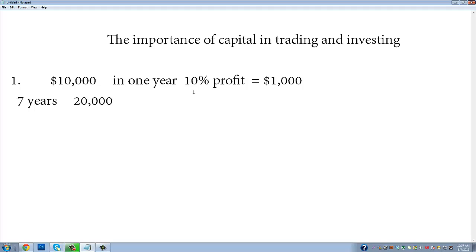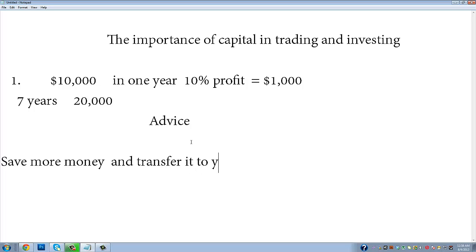If you are a good trader, you can have 50% or 60 or 70 or 100, 200, depending on which stock and which industry you are in. So the best thing that you can do with your account, this is my advice: save more money and transfer it to your broker account.